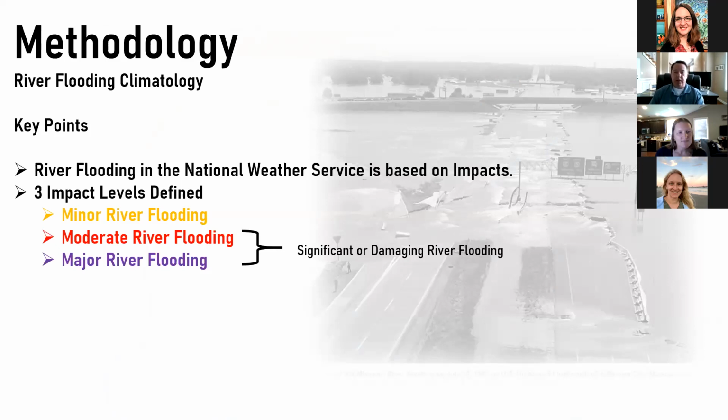So the level of flooding depends on these categorical impacts. And actually the locations where we define forecast locations are based on requests made through emergency management because of particular impacts at those river gauge locations. So that's how a river forecast location comes about, is that it has impacts.